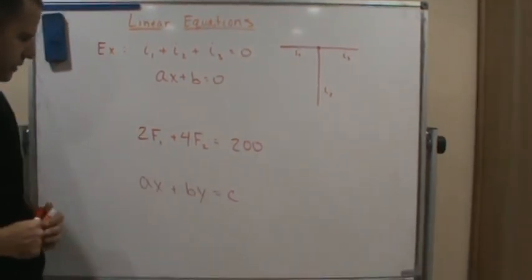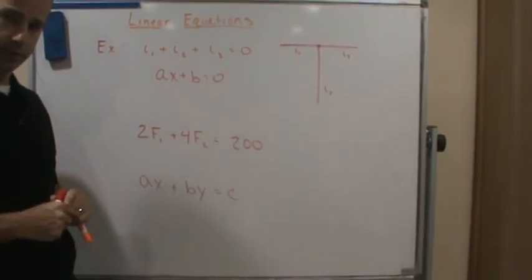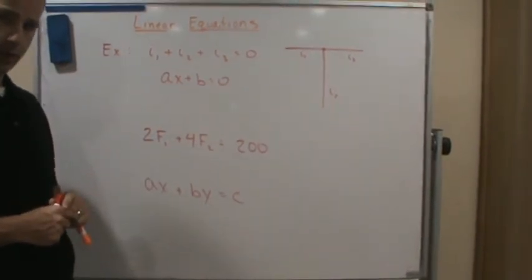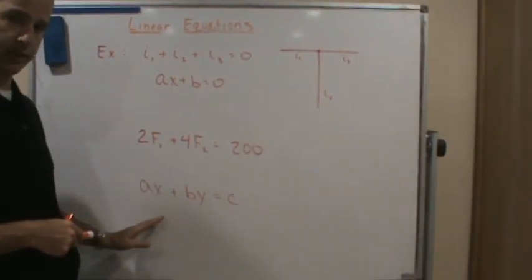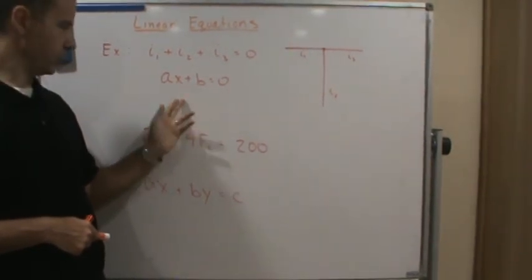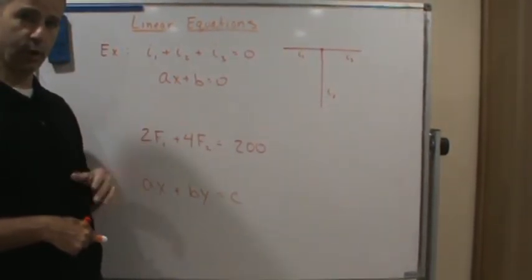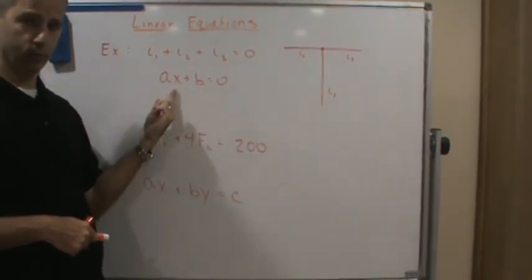Okay, and so that means the solution to this equation is a pair of numbers. Okay, so we're looking for a pair of numbers that makes this statement true, and that's going to be a solution, whereas in this case, we're only looking for one variable, which in this case is going to be negative b over a. And so the solution here is one number, right?